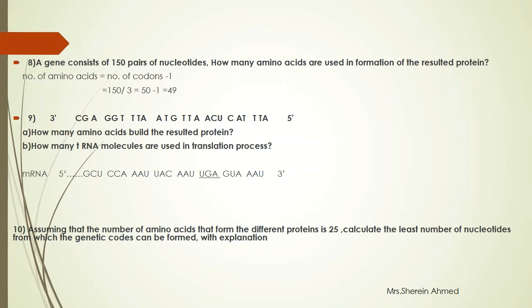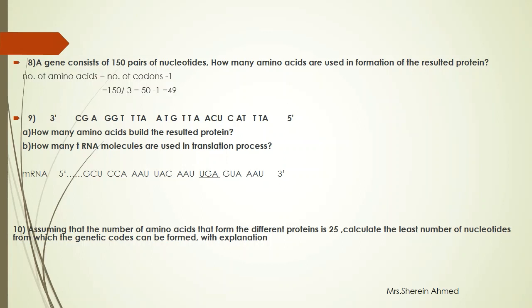Number 9. As you see, this is a single-stranded DNA from 3' to 5'. How many amino acids build the resulting protein? How many tRNAs are used in the translation process? Of course, first you have to transcribe the messenger RNA from this strand, and this is the result.